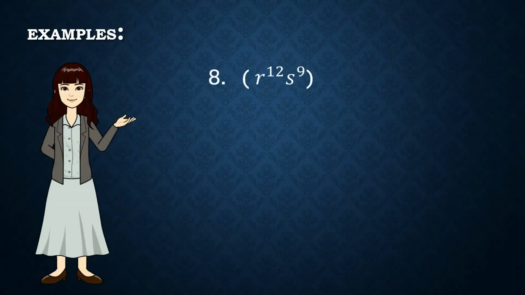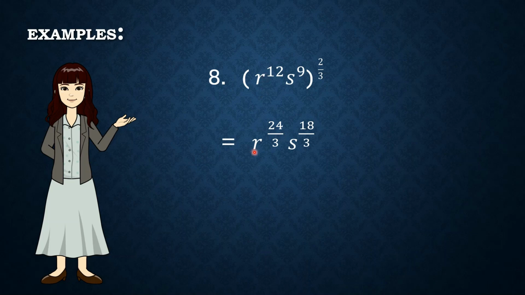Okay, how about number 8? This is an example of the power of a product law. So r raised to 12, s raised to 9, quantity raised to 2 over 3. Or we can read this as r to the 12th power, s to the 9th power, quantity raised to 2/3. So we need to multiply the exponents.